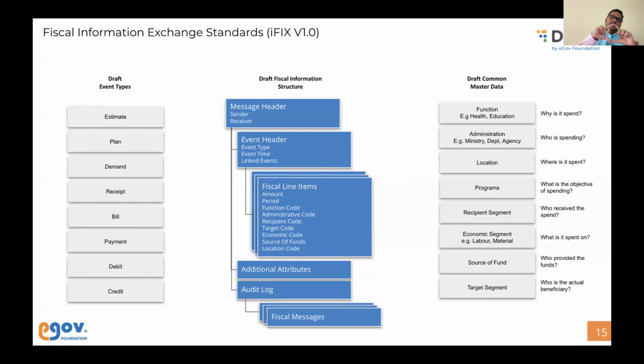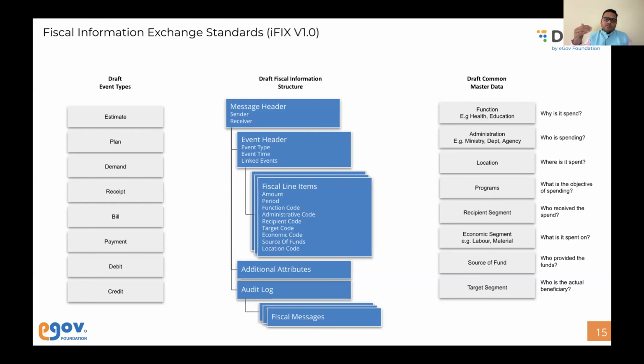So when you imagine the process across the different stages as events, and the events have the information or attributes that are used to write onto the common master data with the necessary authorization and permissions, then what funding agencies will be able to look at and pinpoint is: I know why my money has been spent, I know who is spending it, where the money is being spent, what the objective of it is, who has received it, who has provided the funds, and who the actual beneficiaries are.